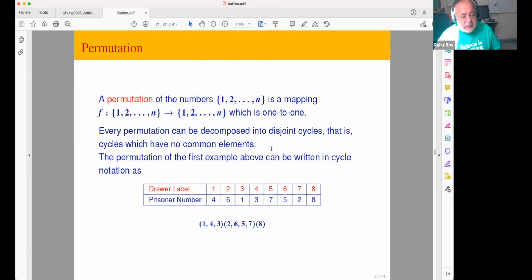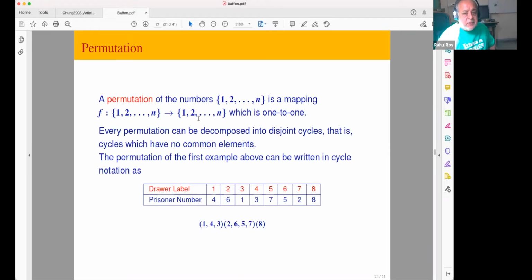Before we note that, let me introduce this notion of permutation. A permutation of the numbers 1 through n is just a mapping from 1 to n to 1 to n, which is 1-to-1. So f of 1 can go to 2, f of 2 can go to 6, f of 3 can go to 8, etc. So this is a 1-to-1 mapping of the first n numbers to itself.